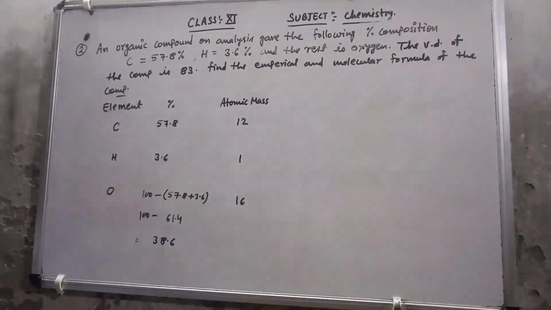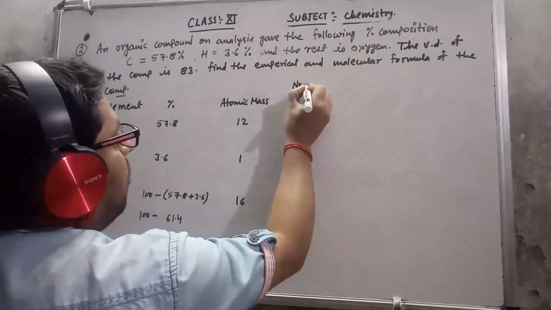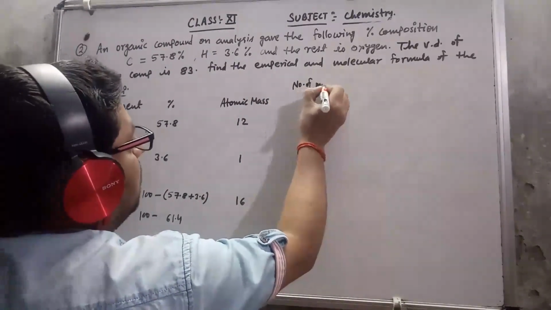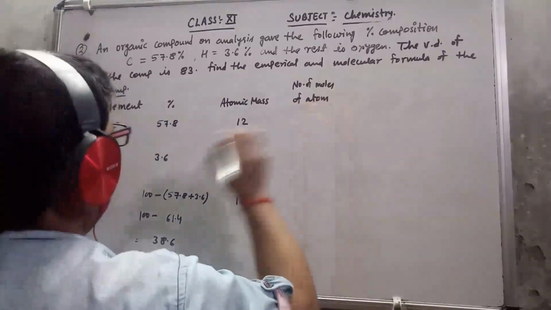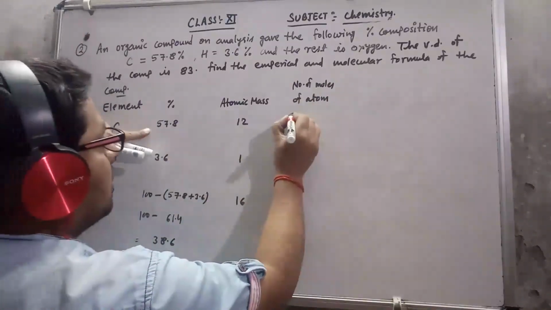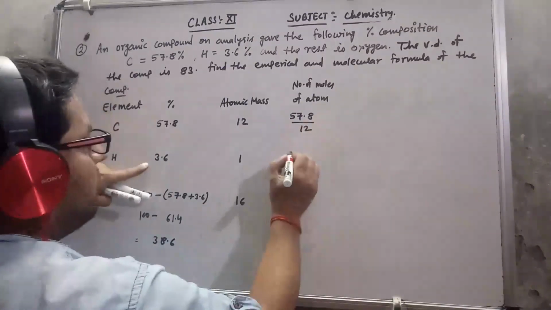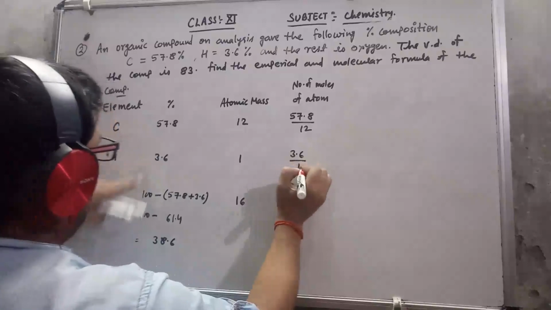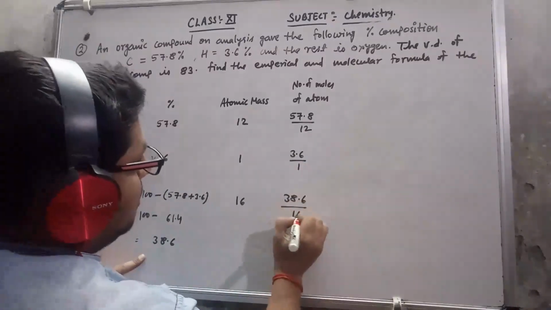After that, the number of moles of atoms: 57.8 upon 12, 3.6 upon 1, and 38.6 upon 16.